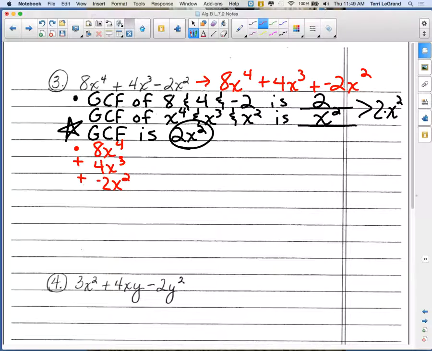And then each of those needs to be divided by the GCF, 2x squared. They better all be getting divided by the same thing, because that's going to be one of our factors. So it has to be involved in all of them.